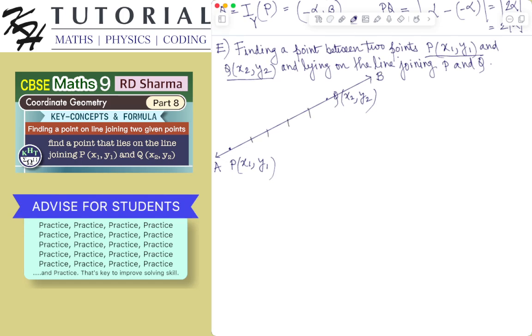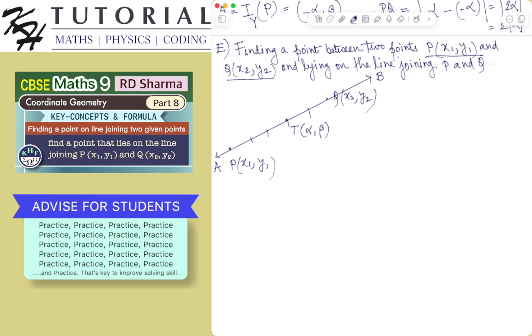So the coordinates of any point that will lie on the line AB, but between the points P and Q, let's say T is such a point which lies on the line AB and is also in between the points P and Q. Let's say the coordinates of the point T are alpha comma beta. We have to find what alpha and beta can be.